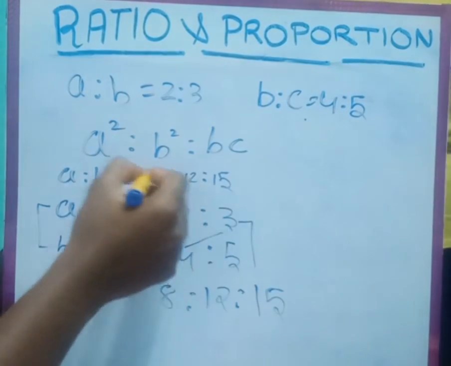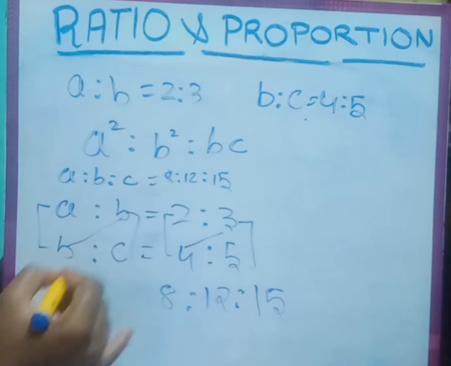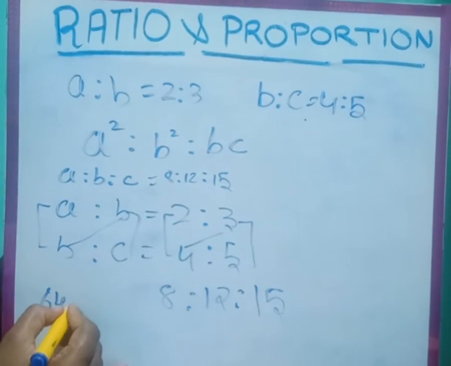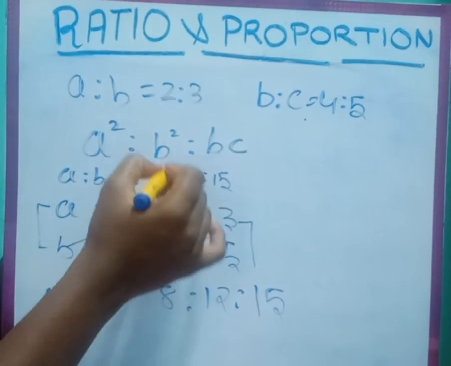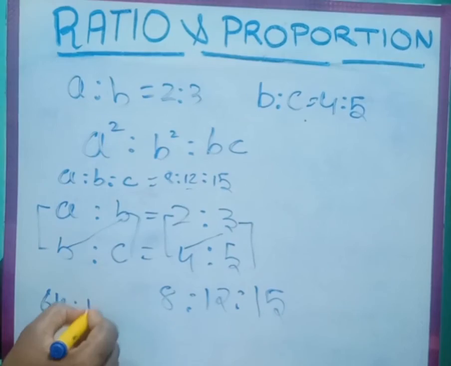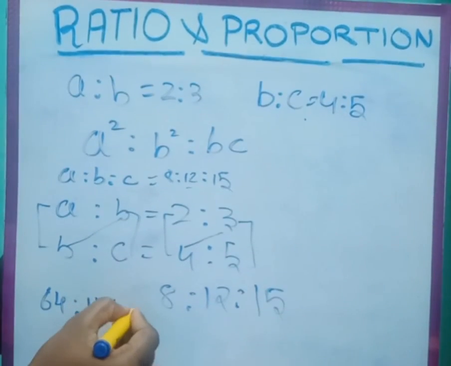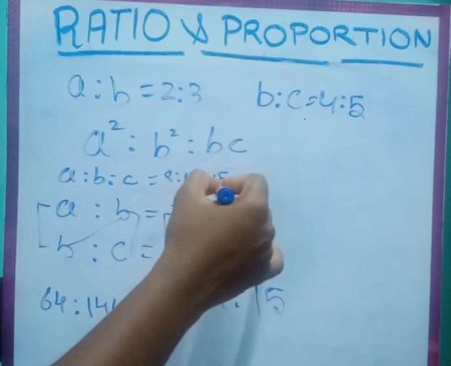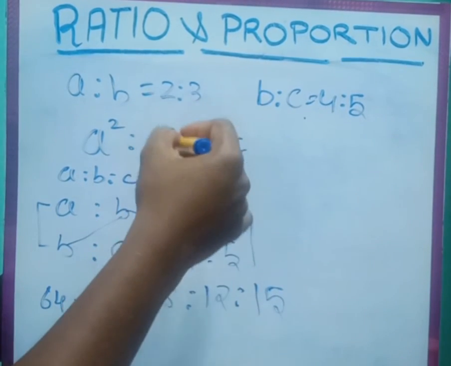Now put the value of A, 8. What is A square? 8 into 8, 64. What is the value of B? It is 12. What is B square? 12 square is 144. Now what is the value of C? 15. And the value of B is 12.